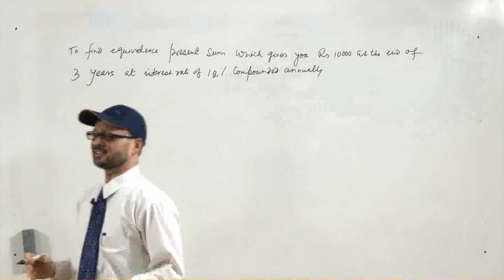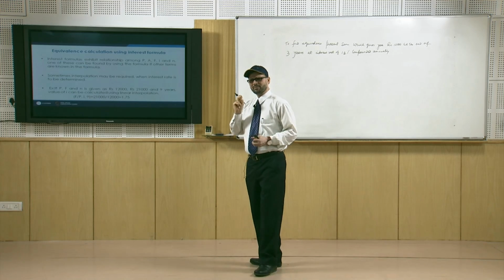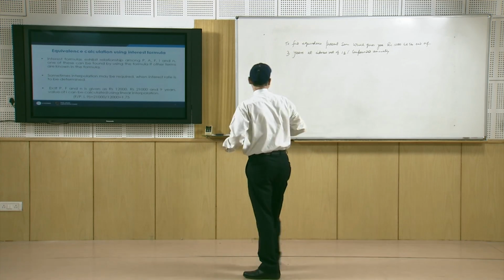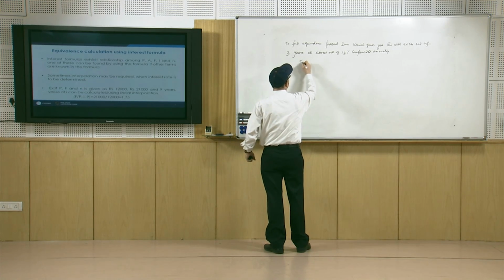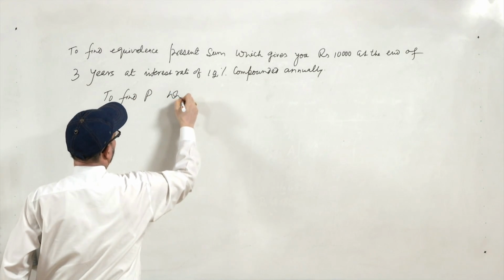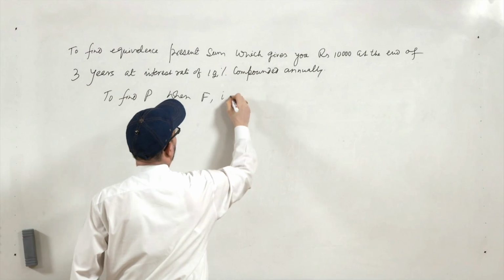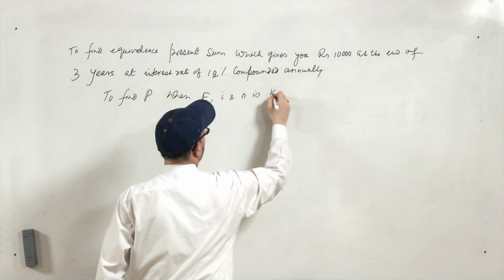So, in this case, as we know, you have to find the P value, that is, to find P when F, i and n are known.